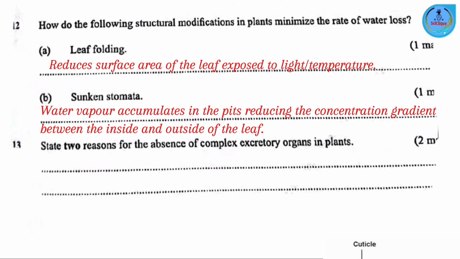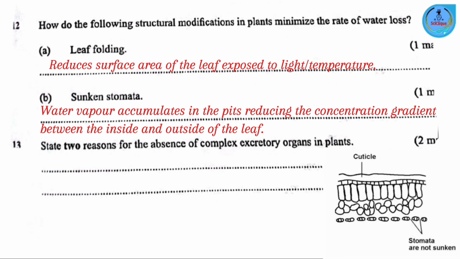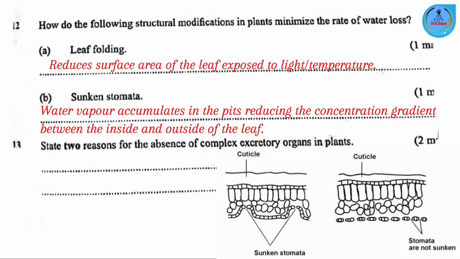Now, stomata in general are located on the epidermal layer of the leaf as such, but when it comes to sunken stomata, these are special in that they are located deeper within the epidermis of the leaf. So by doing so, they end up creating a depression or a pit, yani kashimo hivi, around the stomata.